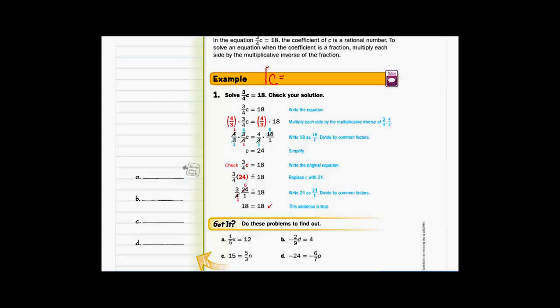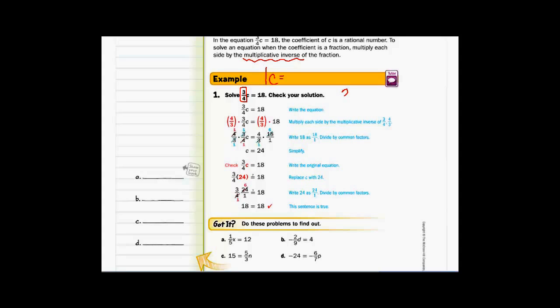So when you have a fractional coefficient, such as this, you actually have two choices. Same procedure, really. So we want it to be a 1. We just learned about multiplicative inverse, and we said that any number times its reciprocal, or multiplicative inverse, is 1.